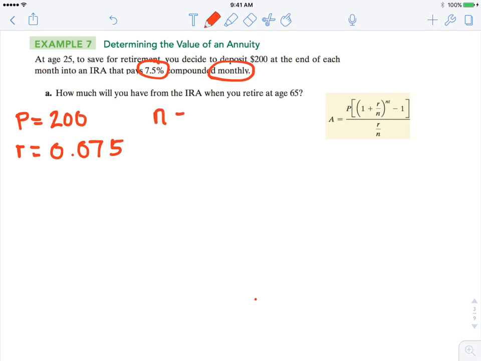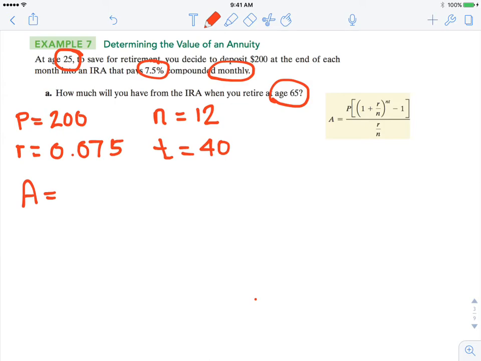So that is 12 times per year. And then the time is how long you're going to invest for. So you're starting at the age of 25, and then you finish at 65, so that's 40 years. So we're going to go ahead and substitute those 4 numbers into our formula.